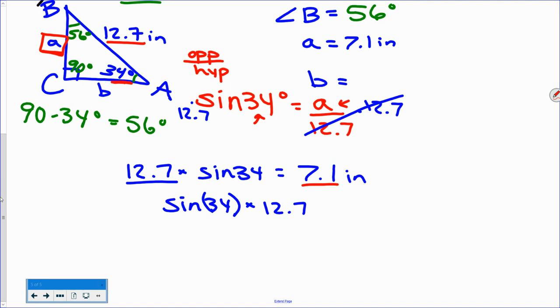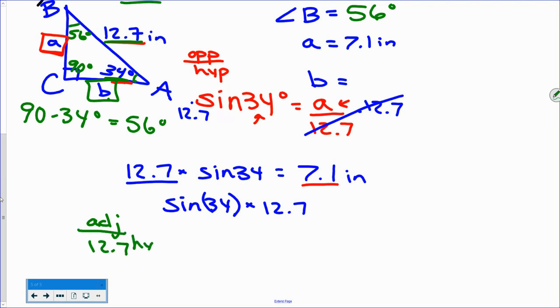So if I'm looking for side B this time, let's say I'm still only focusing on this angle here. So now I have the adjacent side for 34 degrees because B is next to it. And then the thing that's been given is my hypotenuse, right?